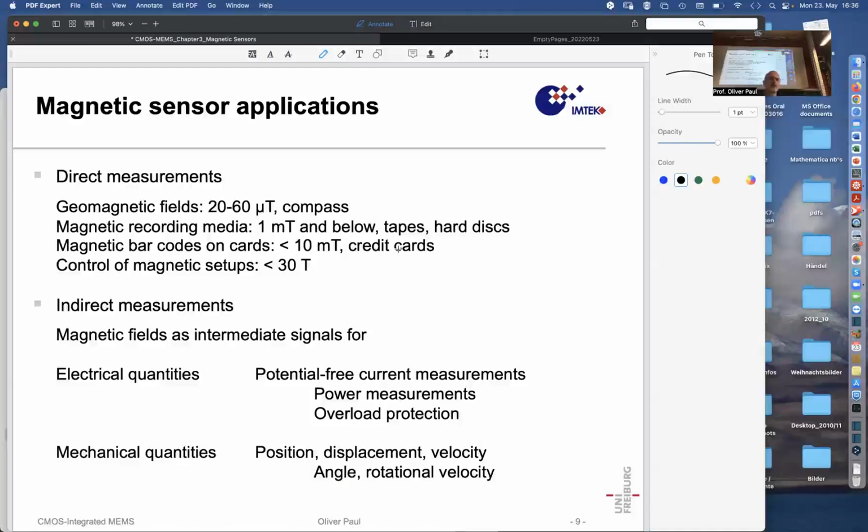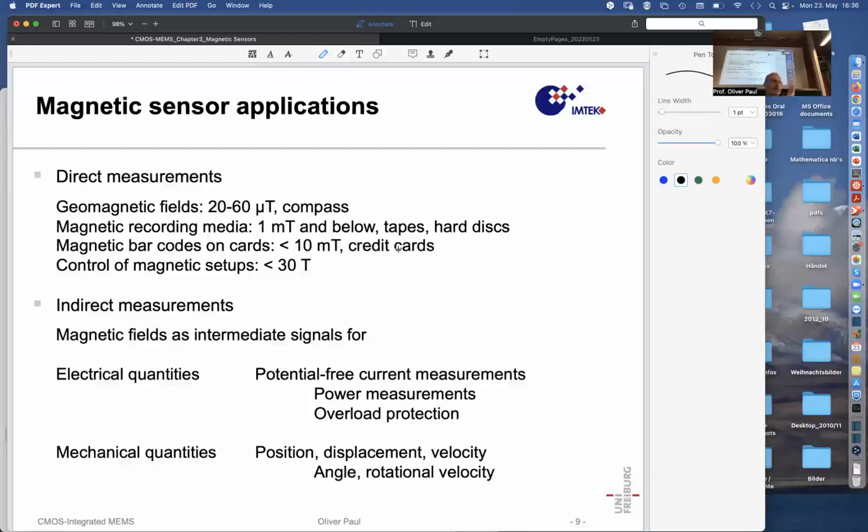If it's still read out by the tape and not by RF, then that might be a silicon Hall sensor. And then, of course, technical magnetic fields cover the full range up to Tesla, and up to 30 Tesla, and even 100 Tesla can be produced, but that's only exceptional. Only a few labs are producing that.